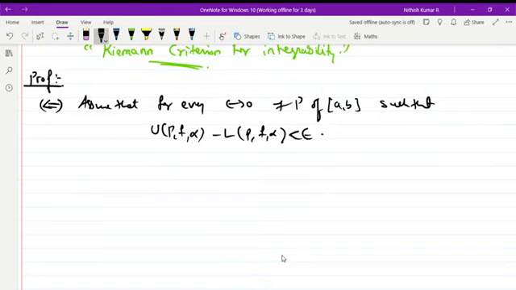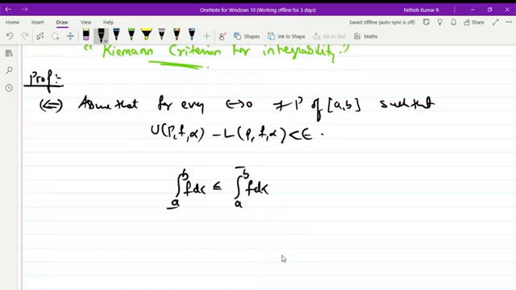So the first thing to observe, from the above result, is that the lower Riemann-Stieltjes integral is less than or equal to the upper Riemann-Stieltjes integral.